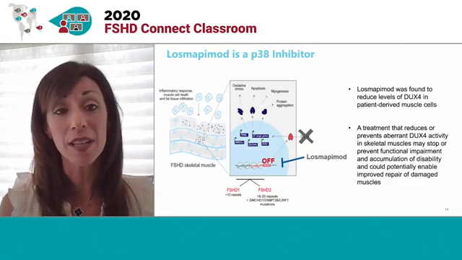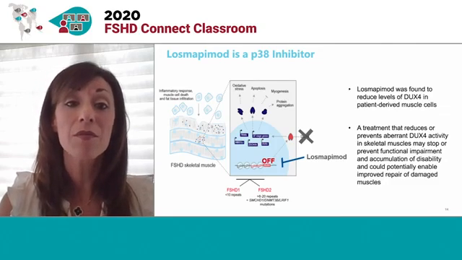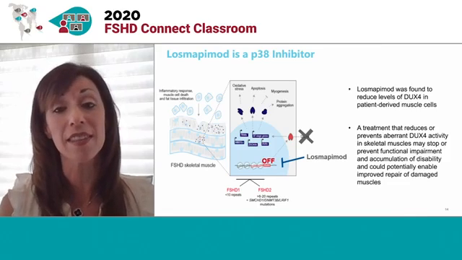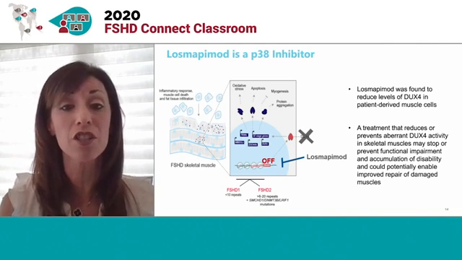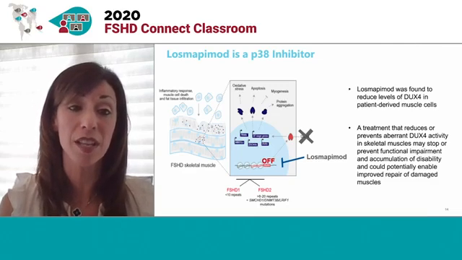There are several p38 inhibitors that we evaluated as a potential for development for the treatment of FSHD at its root cause. And we did find that p38 inhibition did reduce levels of DUX4 in patient-derived muscle cells. And the thinking is that this reduction may stop or prevent functional impairment and accumulation of disability that can potentially enable improved repair of damaged cells.